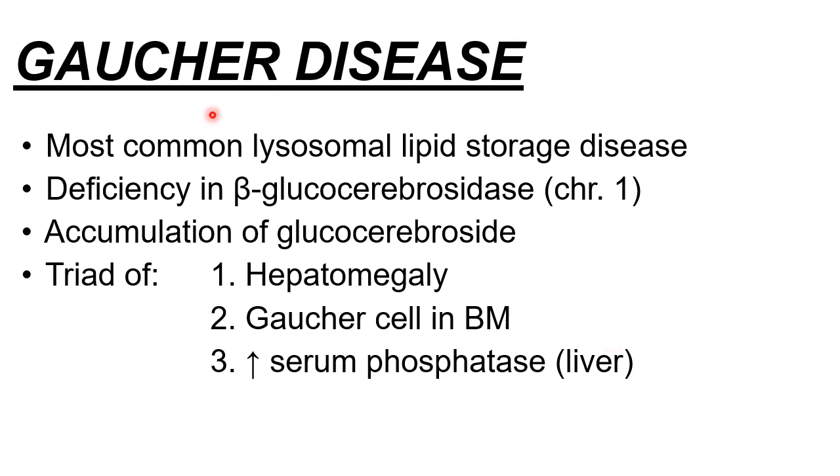Unahin natin si Gaucher's disease, which is, again, the most common type of lysosomal storage disorder. Ano ang deficient in Gaucher's disease? It is the enzyme called beta-glucocerebrosidase, which is found in chromosome 1. Kapag wala ka nito, naiipon yung compound called glucocerebroside.